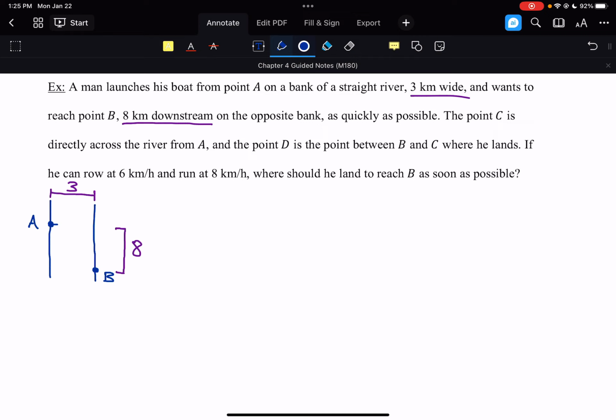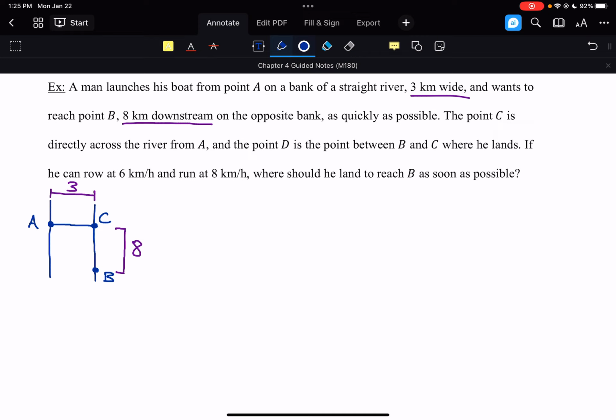So let's go ahead and put a point there. So just straight across. So the distance from B to C would be 8. And then the point D is the point between B and C where he lands.